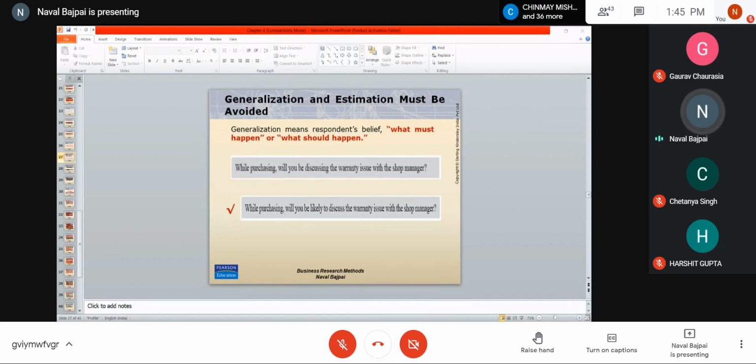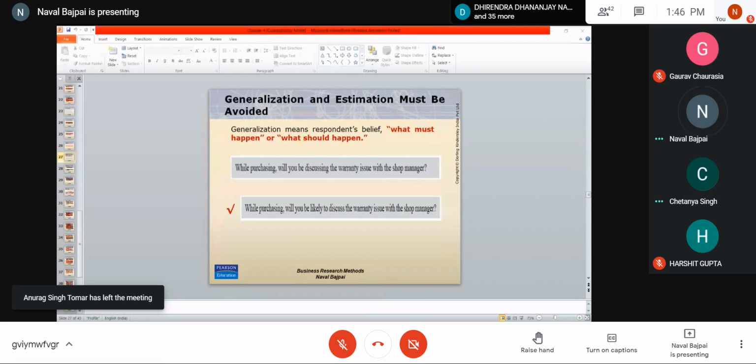Whether the same theory is valid for academics or not, you are supposed to check with the help of empirical data. Yes, sir. You will have to test it, and then you will be able to publish, and it requires years and years, maybe 30 or 40 years, to contribute to the academic body of knowledge.